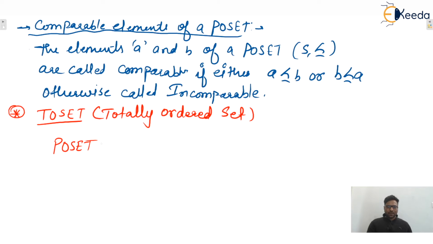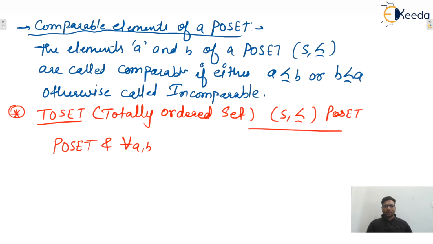Now this poset is said to be a toset if for every a, b belonging to the set S, either A is related to B or B is related to A. Then that is known as a toset.